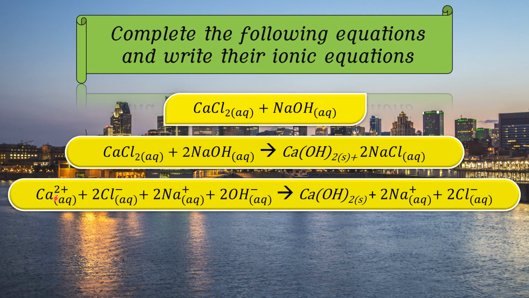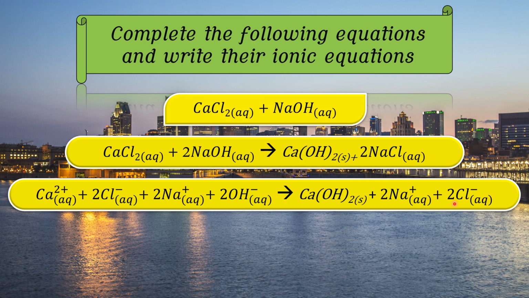So when we break down calcium chloride, it will give us calcium ions and chloride ions. When we break down sodium hydroxide, it will give us sodium ions and hydroxide ions. Calcium hydroxide will not give us ions because it is in a solid state. Sodium chloride will give us sodium ions and chloride ions.